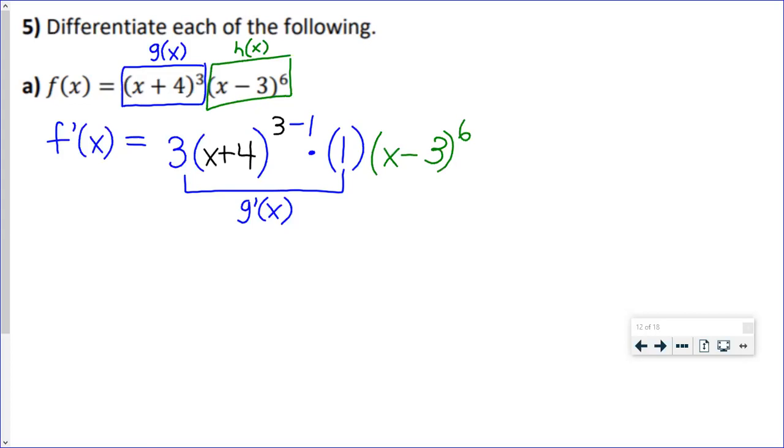Now I have to take the derivative of h prime of x. I'm just going to continue on a separate line here. Remember that this is a sum, not a difference, so I use the addition sign. Now I'm going to bring down the 6 in front. I'm going to write the rest of the function the way it is, x minus 3 to the power of 6. And I'm going to subtract 1 from that.